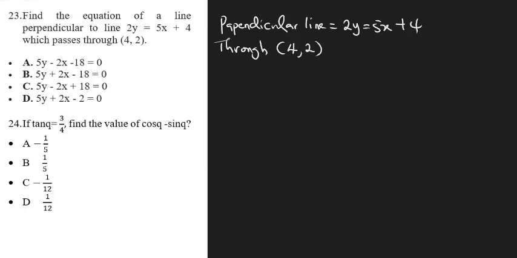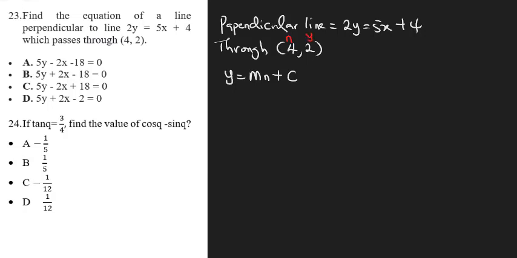So the first thing to do here is to find our gradient, because the equation of a line is always given by y equals mx plus c. So in this case, this will be our m, this will be our x, and this will be our y.